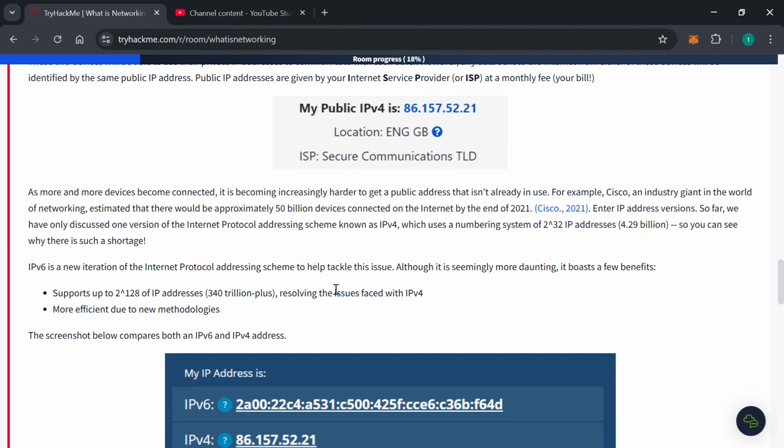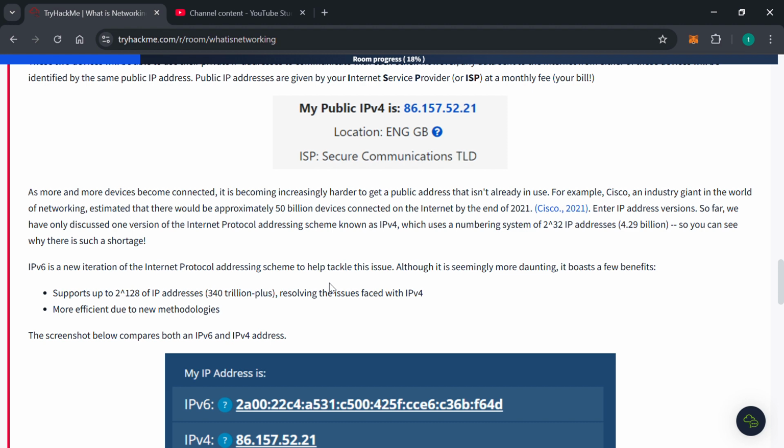As more and more devices become connected, it is becoming increasingly harder to get a public IP address that isn't already in use. For example, Cisco, an industry giant in the world of networking, estimated that there will be approximately 50 billion devices connected to the internet by the end of 2021.